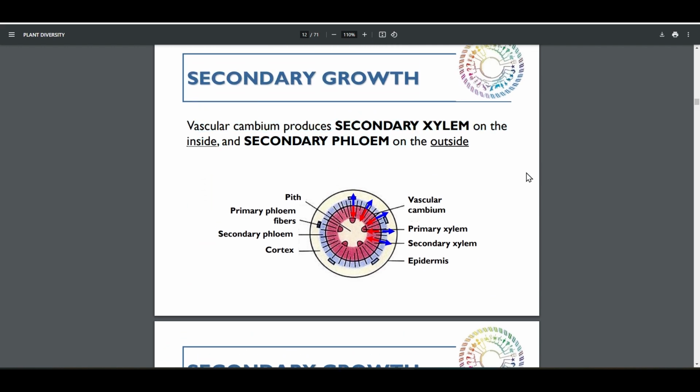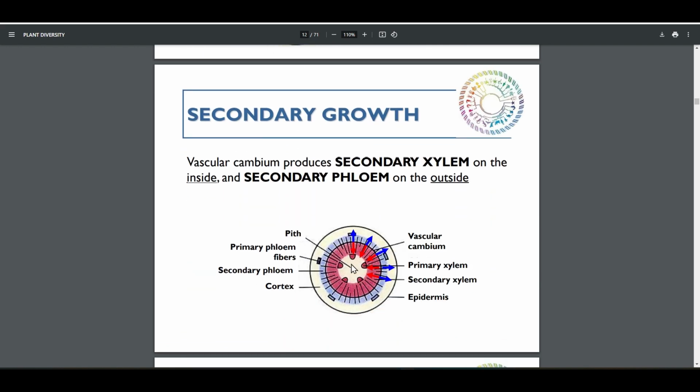What happens is that secondary xylem will grow from the inside, while secondary phloem will grow on the outside. So the vascular system expands. You see the primary phloem fibers are here, and primary xylem is still there, but the secondary xylem thickens while the secondary phloem shows up and thickens as well.